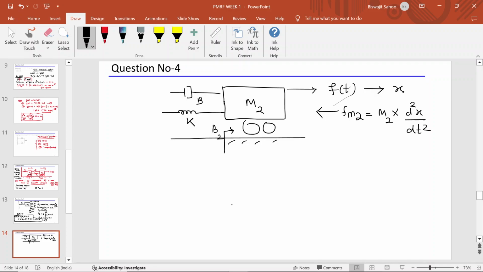Because of B2, there is a frictional force Fb2, B2 times d by dt of x.